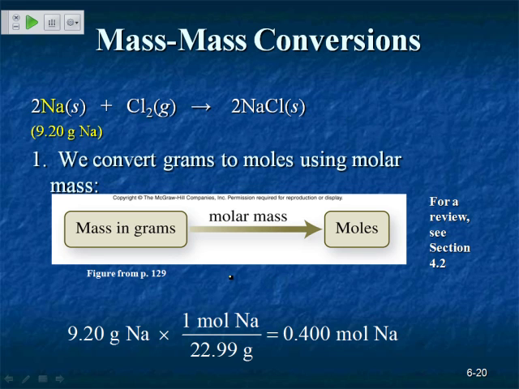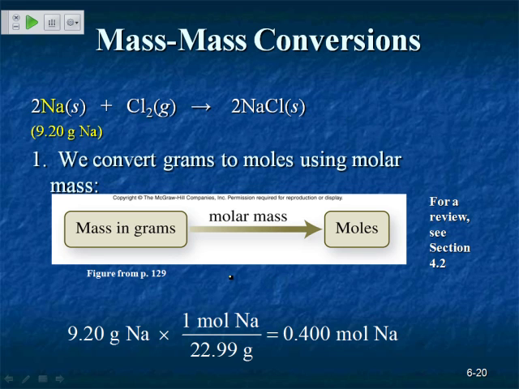We will convert grams to moles using the molar mass. Again, see section 4.2 if anyone is still wondering how to convert mass to moles. As I keep saying, we are very, very cumulative, so please, you cannot leave anything behind. How do we convert mass to moles? Using the molar mass as a conversion factor.